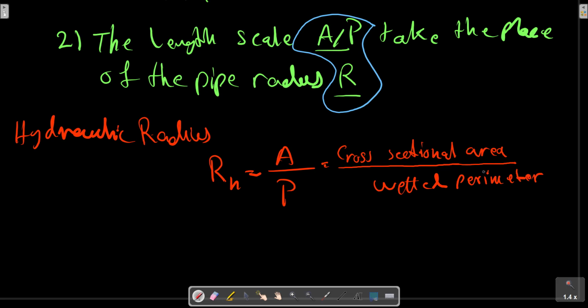This concept receives constant use in open channel flow also in chapter 10, where the channel cross-section is almost never circular.